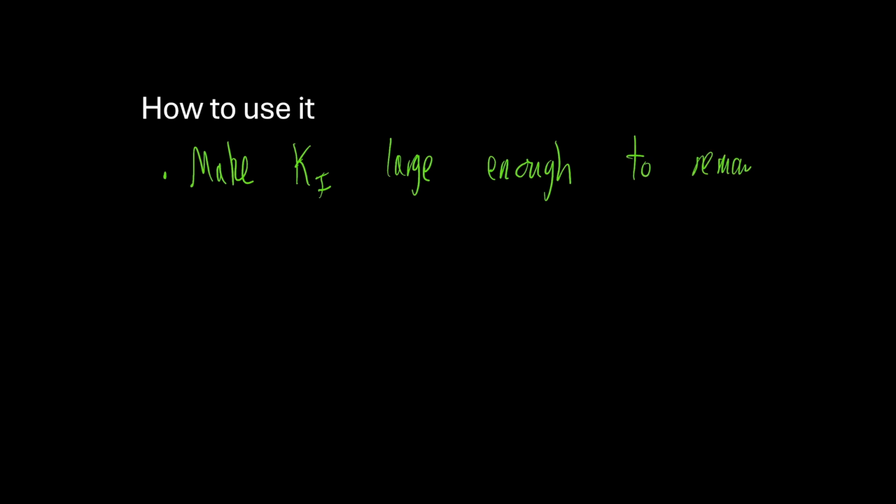So how to actually use the integral controller. Firstly, make Ki, or the integral parameter, large enough to remove any small steady state errors or offset. Offset is like a constant value away from the set point.